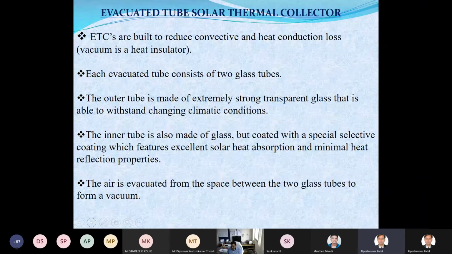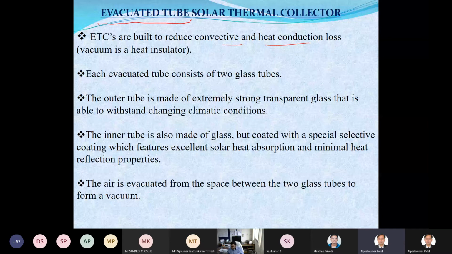Now, as far as technology and advancement go, this flat plate collector has been slightly modified. Those are known as evacuated tubes. Under flat plate solar collectors, evacuated tube solar collectors are used. What is this? The evacuated tube collectors are built to reduce convective losses and enhance the efficiency.